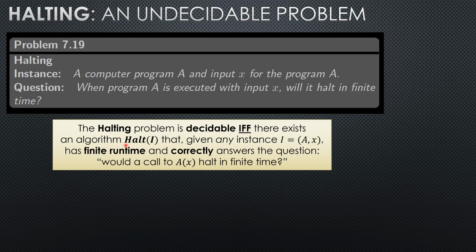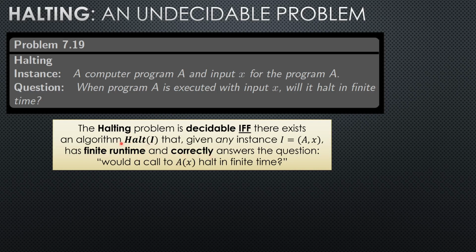And we're saying halt of I is a solution to this problem. And remember what I said about solving a decision problem: to solve a decision problem, you must return the correct answer in finite time. So halt of I is a correct solution to the halting problem. That means halt of I should run in finite time, and it should give the correct answer.